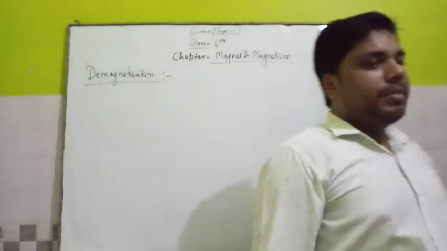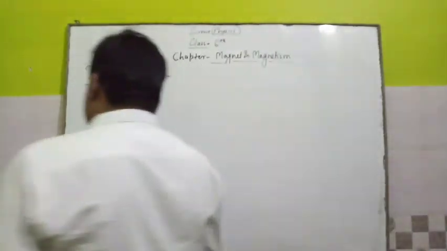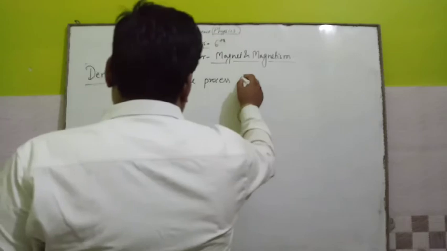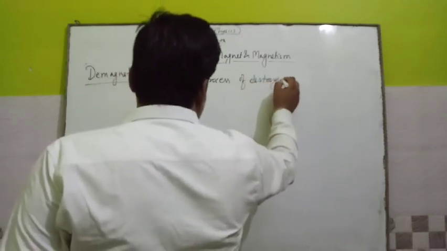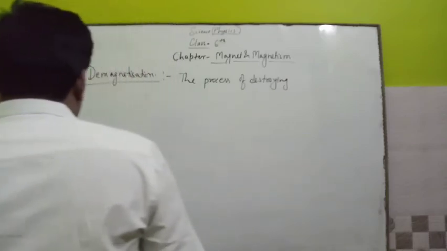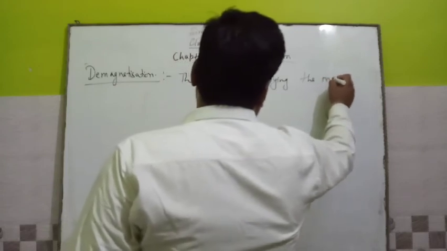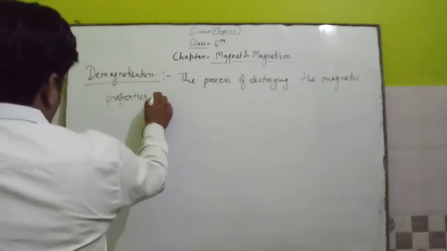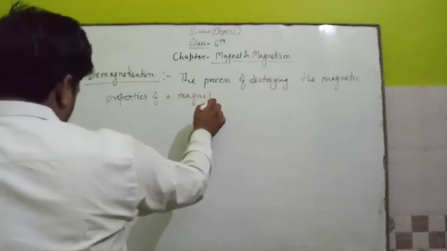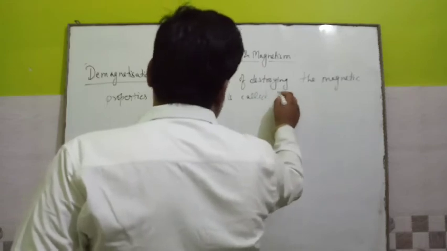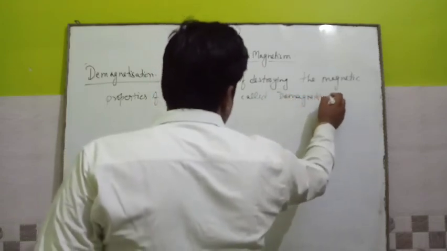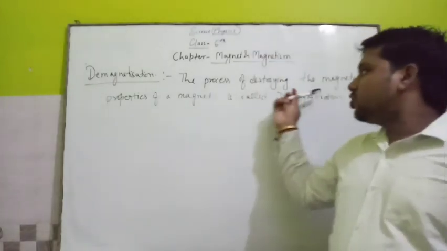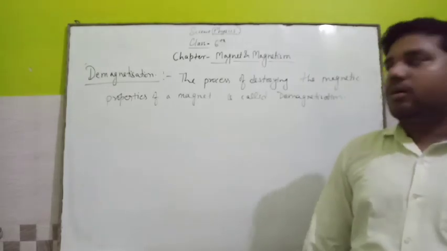First write down: the process of destroying the magnetic property of a magnet is called demagnetization.